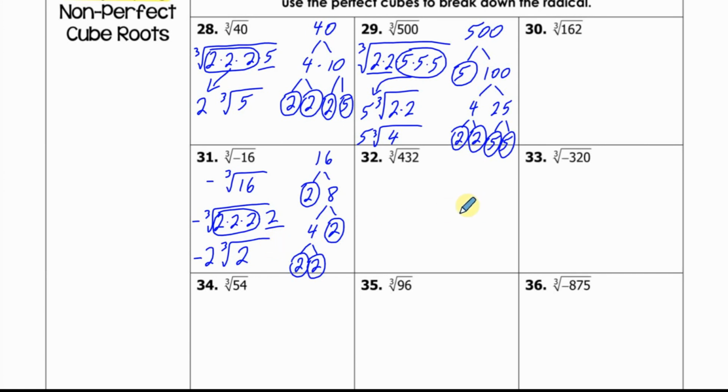Okay. And again, we'll do that again with a negative number over here. Cube root of negative 320. Immediately, I'm going to pull the negative out front and deal with the cube root of 320, not 230.